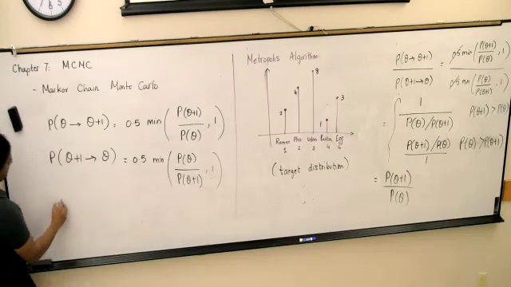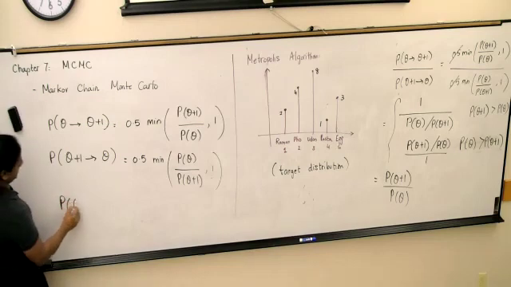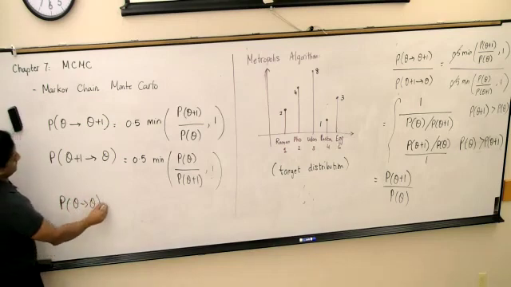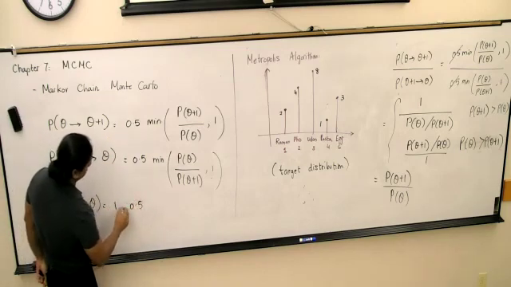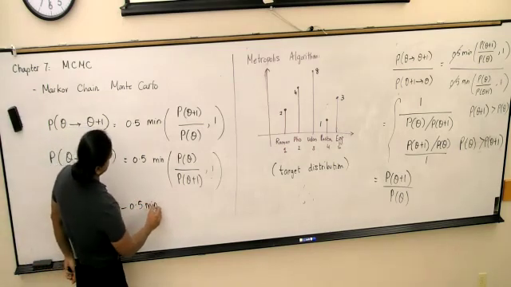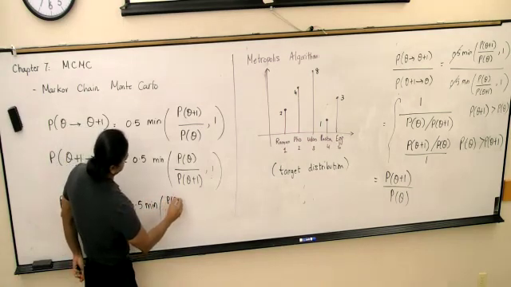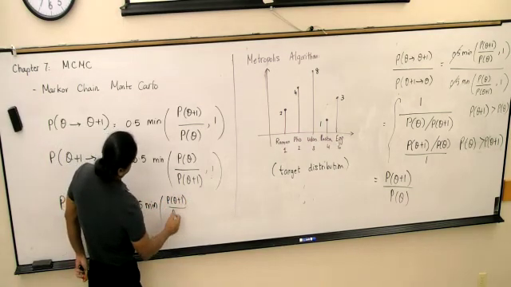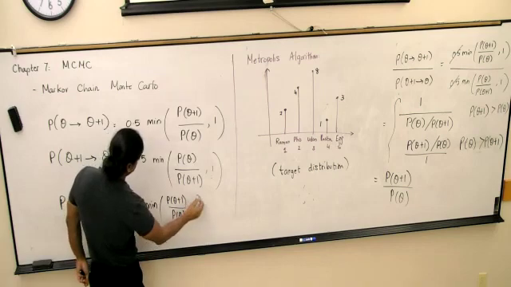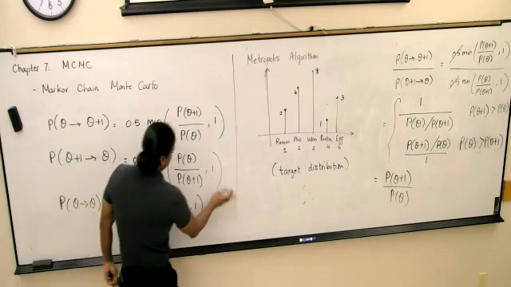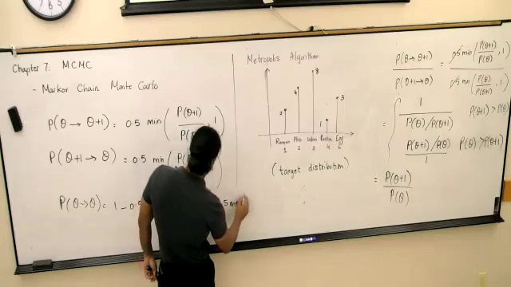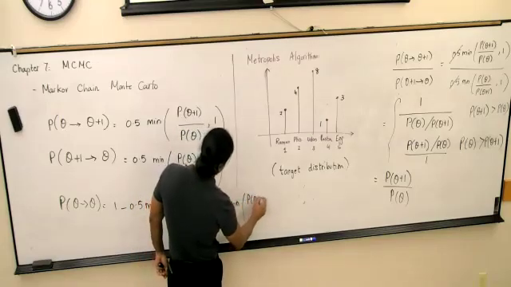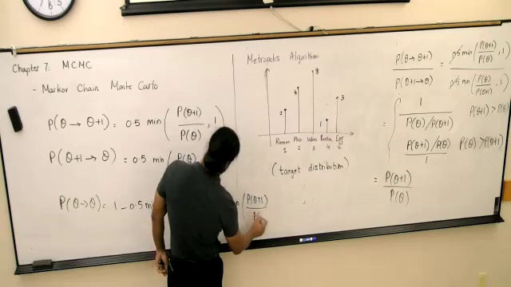So the probability of staying, I'll call it theta to theta, is 1 minus 0.5 minimum of probability of theta plus 1 over probability of theta, and 1 minus 0.5 minimum of probability of theta plus 1 over probability of, oops.